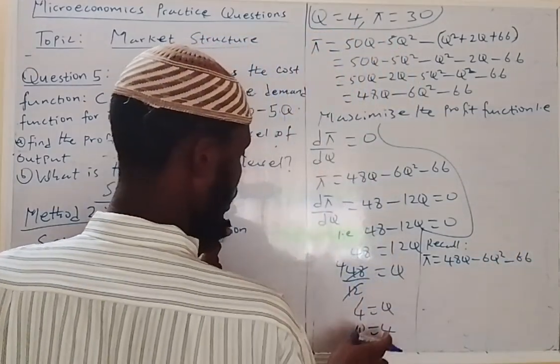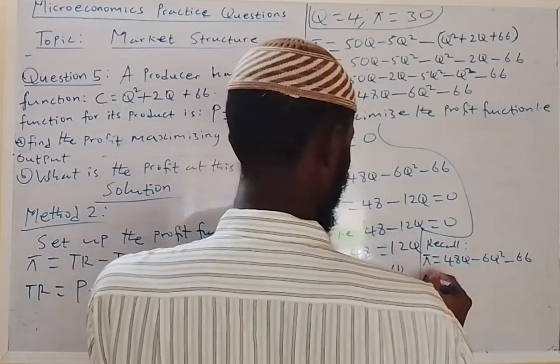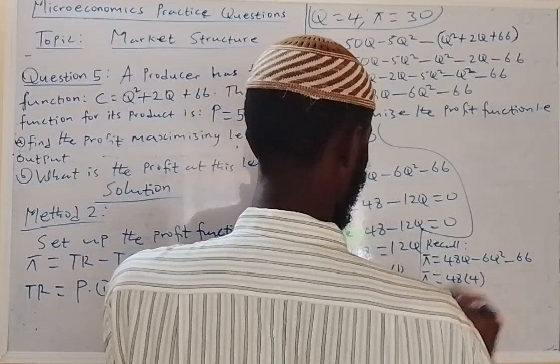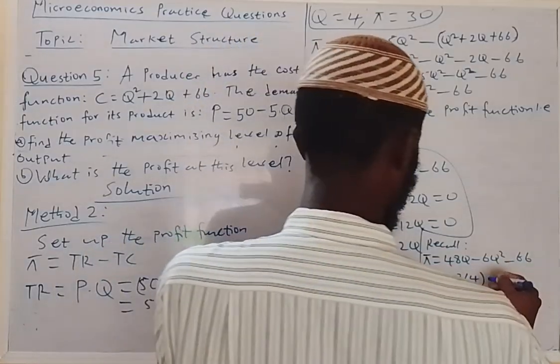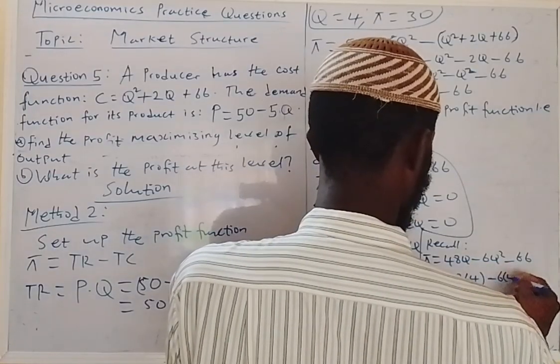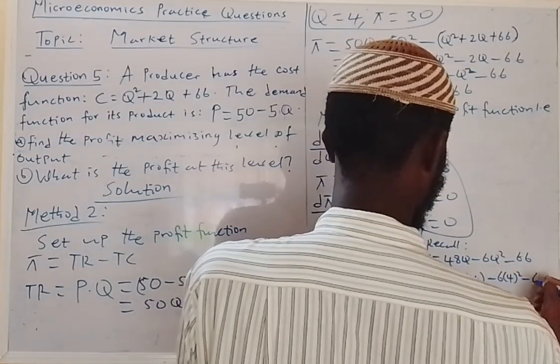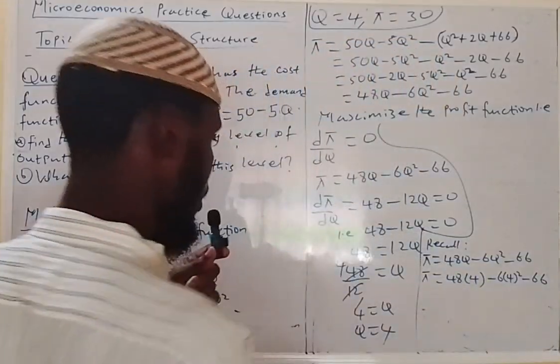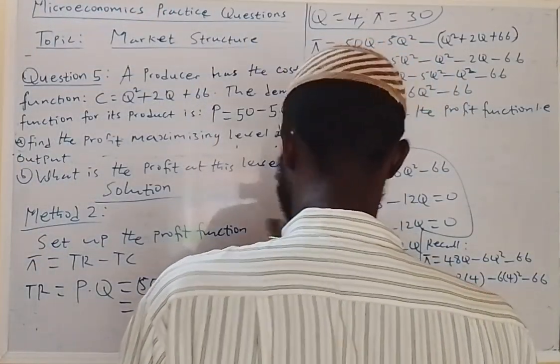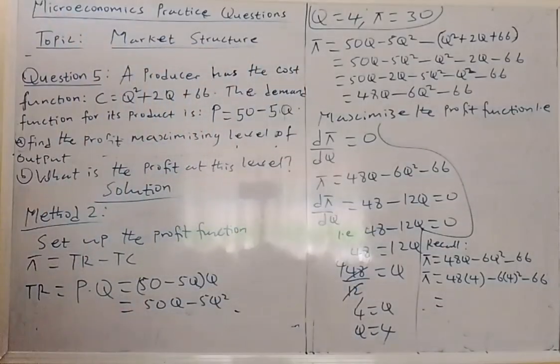Then we plug in the value for Q. Therefore, the profit is equal to 48 times 4, minus 6 times 4 squared, minus 66.